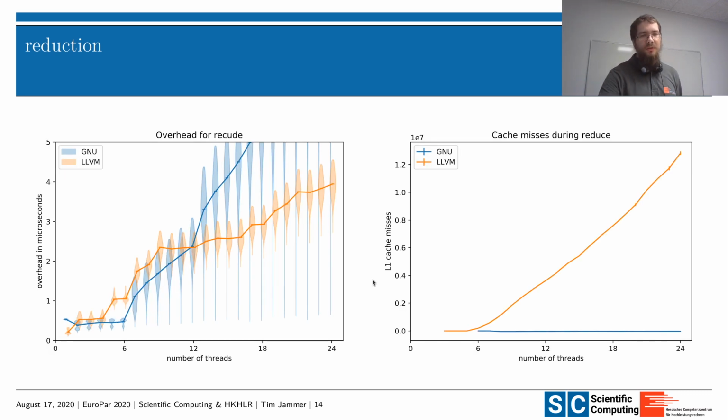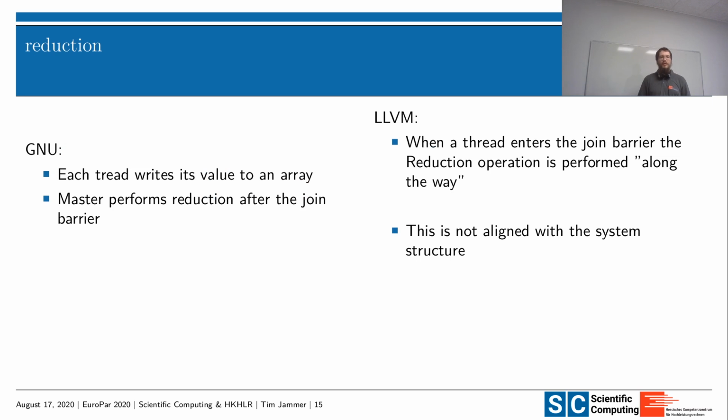One particularly interesting thing to note is that if we stay inside a single NUMA node, the very simple approach of the GNU implementation is very performant. Here you see that at 4 threads, for example, you need to introduce another tree layer if you want to have the 5th thread. The LLVM implementation needs to introduce a tree layer, and this is not needed in the GNU implementation.